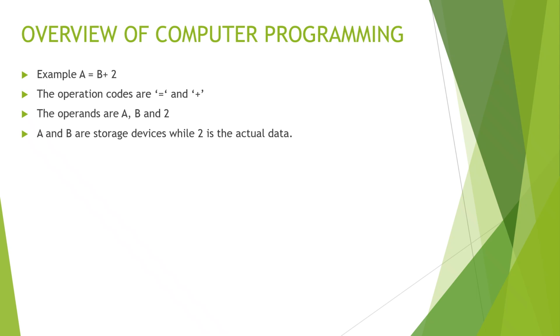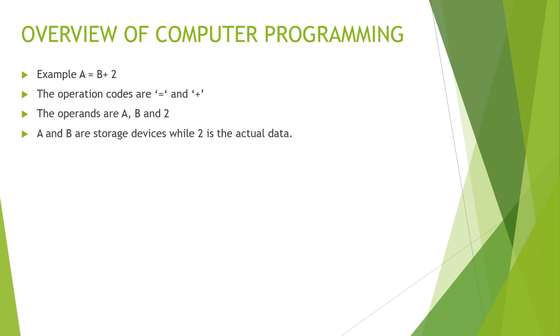An example is when we have A equals B plus 2. We talk about the operation code, which can also be called the operators, and I also mentioned the operands. In this example, A equals B plus 2, the operation codes or operators are the equals sign, which is the assignment, and the plus sign, which is addition.